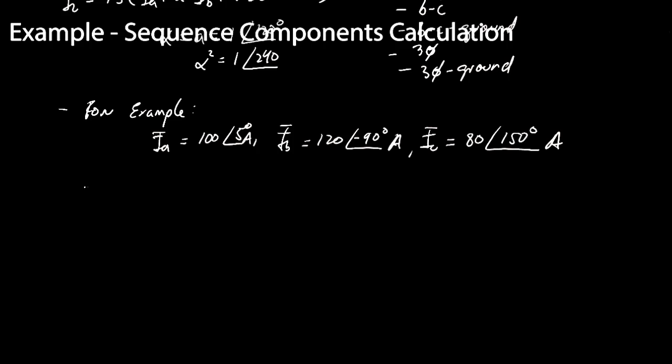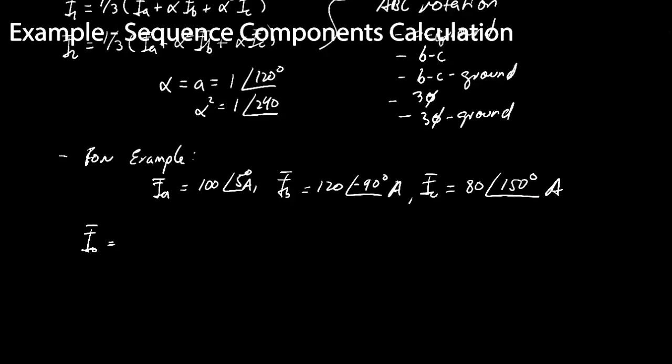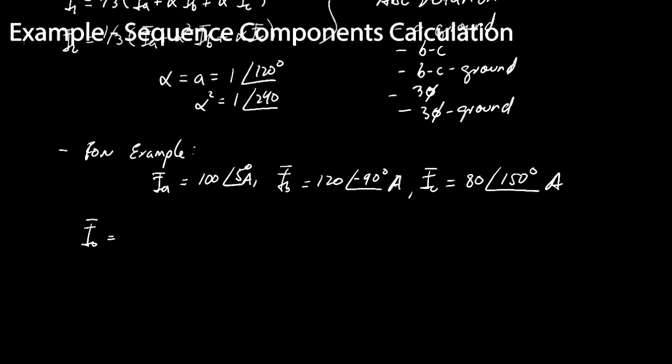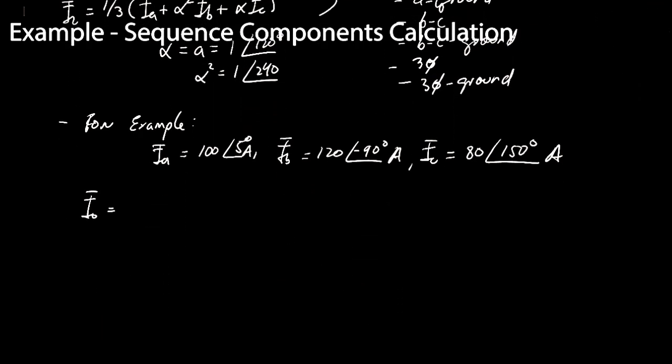So now we can use the equations over here at the top, to go from the phase quantities, which we have down here for this example, to the sequence components. I'm just going to plug in the numbers. For I0, we have 1/3 times all three phase currents: 100 at 5 degrees plus 120 at minus 90 plus 80 at 150 degrees.